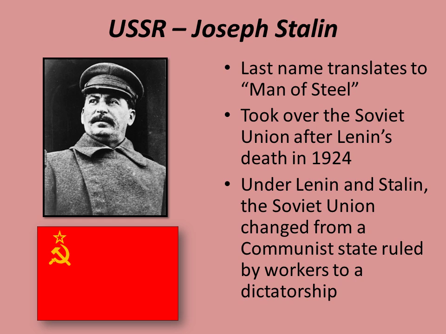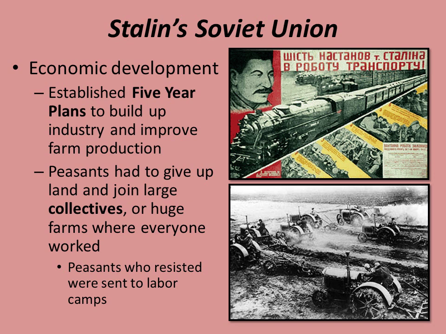But under Lenin and then under Stalin, the Soviet Union undergoes a change from being a communist state, remember where communism is the idea of workers controlling everything. That's how it started off, but it very, very, very quickly changed into a dictatorship along the lines of what Mussolini had in Italy.